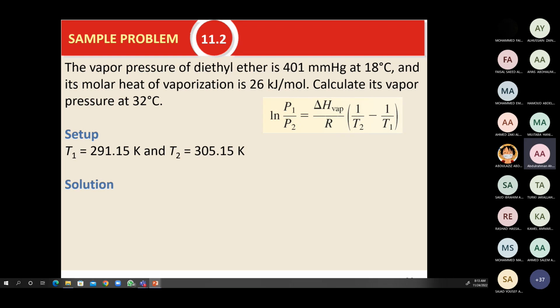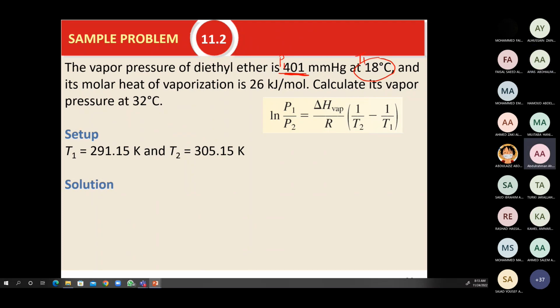Read and solve this problem. I gave you the equation here. In the exams, I'm not going to give you this equation, but you should know how to use it. The vapor pressure of diethyl ether is 401. What's the 401? P1. And 18 degrees C is T1.